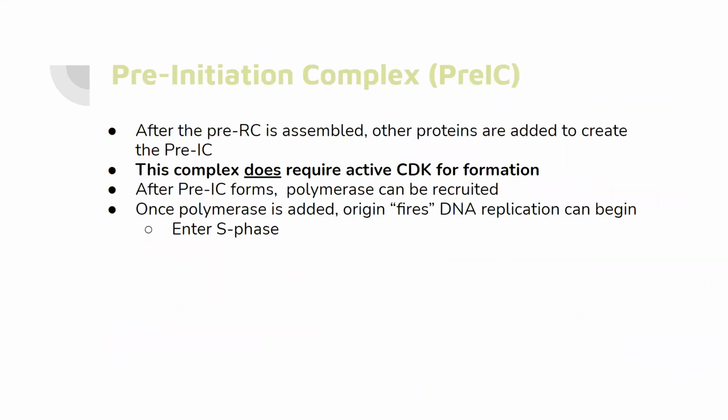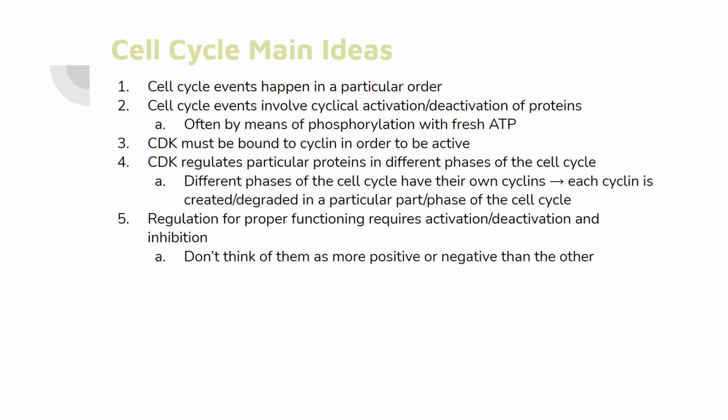So that's pretty much it for G1. I think Friday is going to go over S phase, but this slide was just some main ideas about the cell cycle. I think we'll include them with most of the slides because I know it's a lot of information. Just remember that the cell cycle events happen in a particular order to make sure that things go smoothly and that there's no risk for error or mutation. The cell cycle events involve cyclical activation or deactivation of proteins, often by means of phosphorylation with ATP.